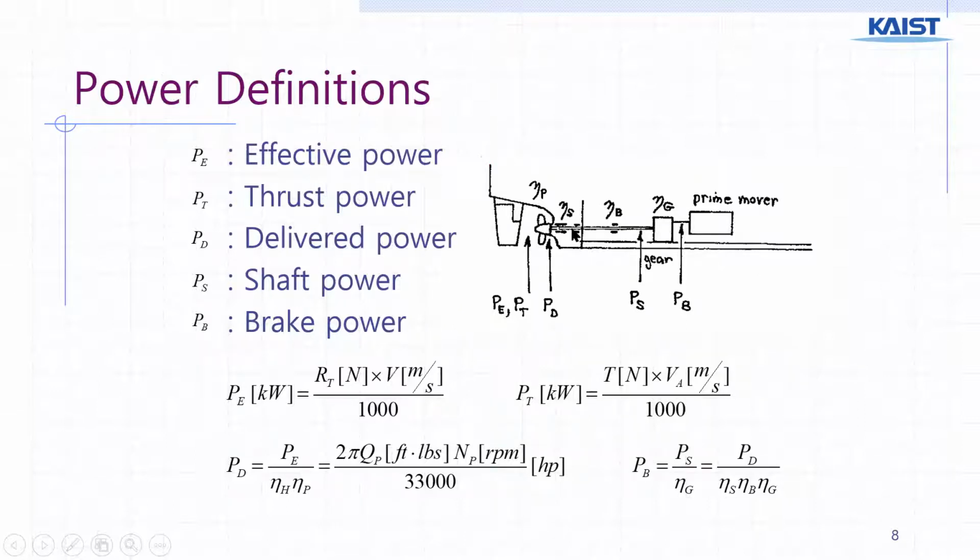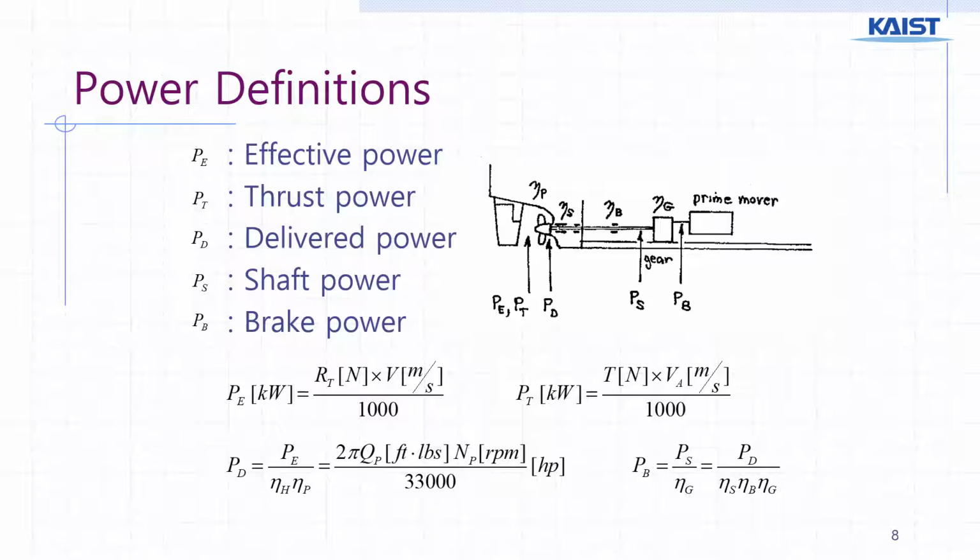And then shaft power is before the shaft; there is a stern pipe, a bearing or sealing, so they lose energy also due to the sealing and bearing. And brake power is just after the engine. So brake power is the biggest among these powers.